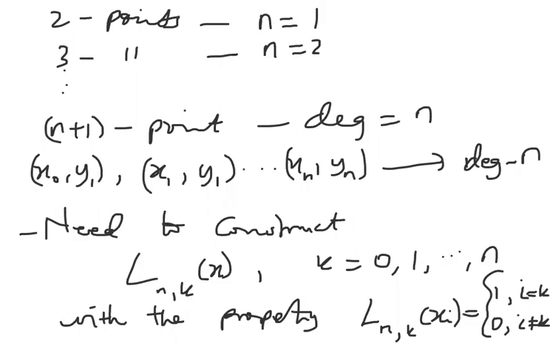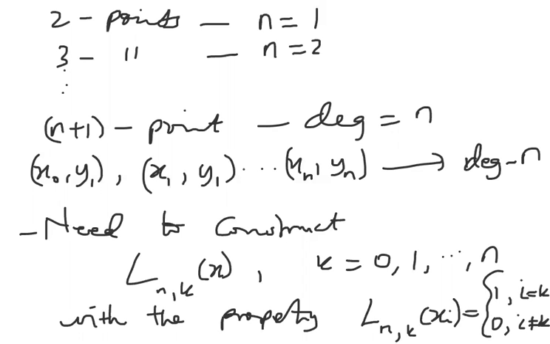For example, if you are given 2 points, then you should find the values of L_n0 and L_n1, right? So if I have 5 points, then I should find 5 different expressions for L_nk for those different values of k.